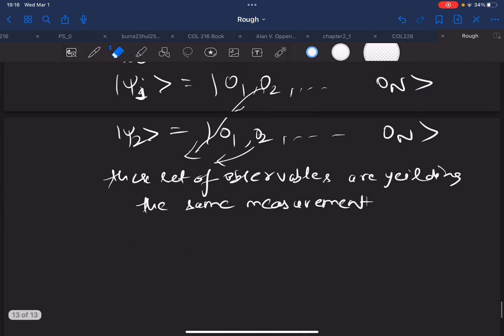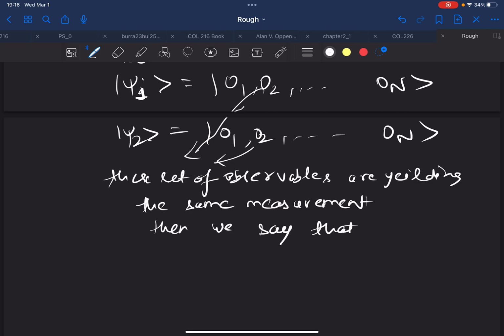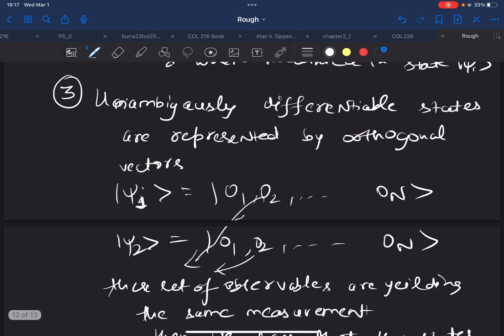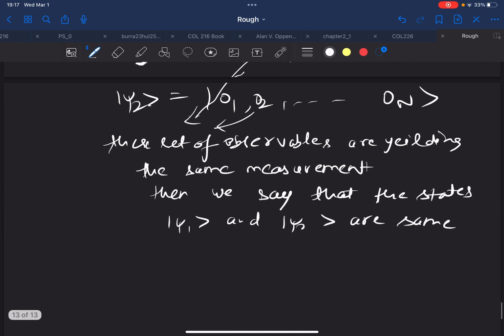Then we say that the states psi 1 and psi 2 are the same. But if they don't, then we say that the states are unambiguously differentiable. And if they are unambiguously differentiable, then the states will be orthogonal, which means that the inner product of psi 1 and psi 2 will be 0. Okay.